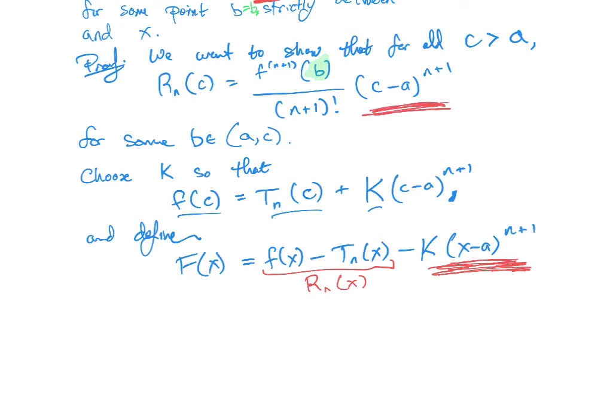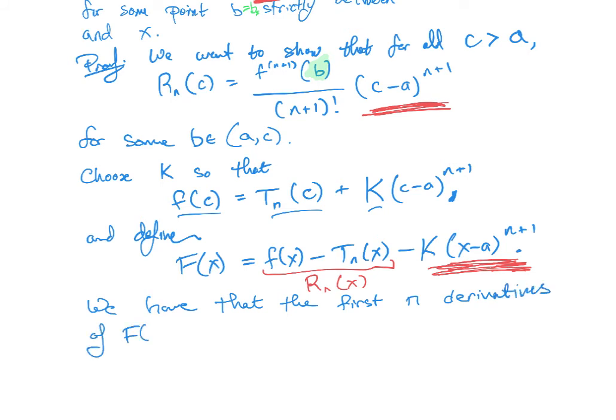Okay, except we've chosen this K to make it work. So we have the first n derivatives of capital F of X at x equals a are all 0.